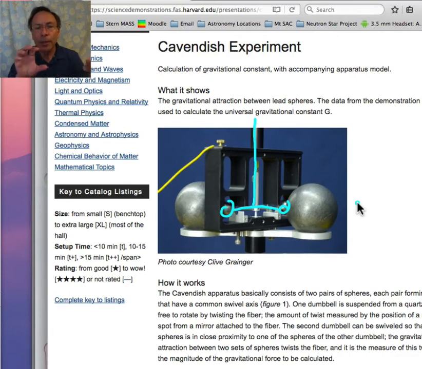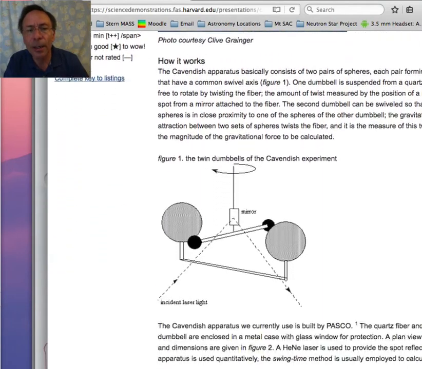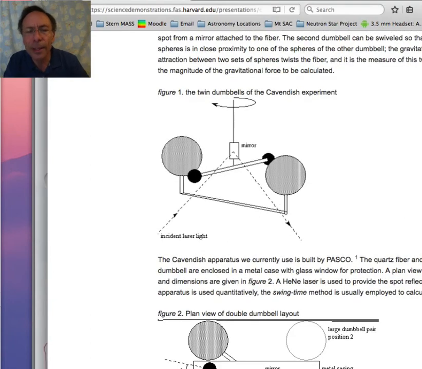Then when you bring the large lead balls nearby, close to them, then the two small ones will start to be attracted, and there'll be a slight bending of the steel thread. I think there is a top view which makes it easier to figure out.